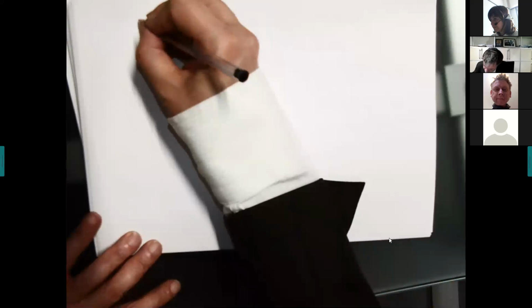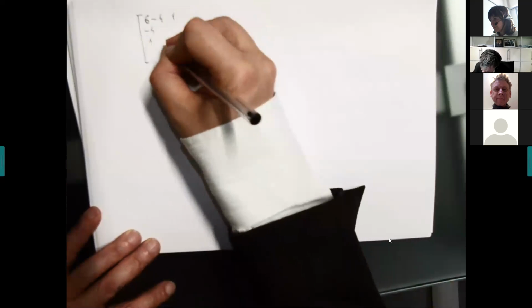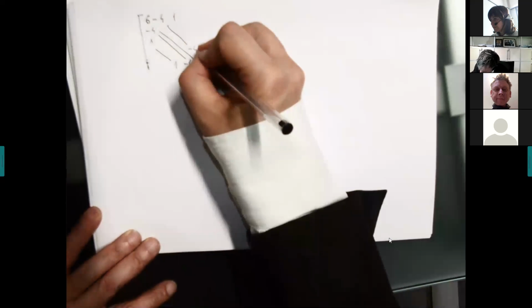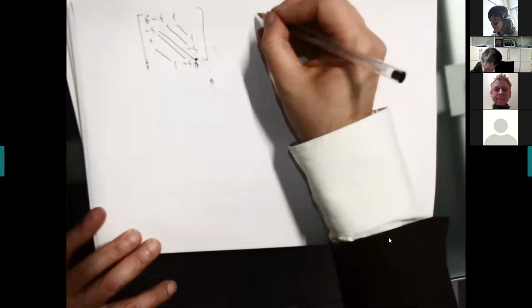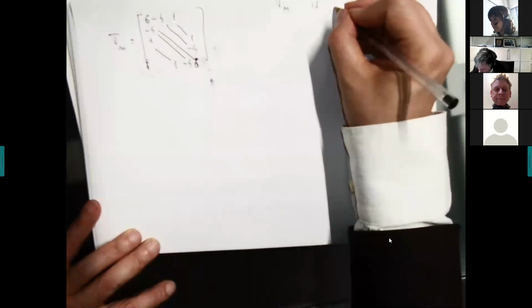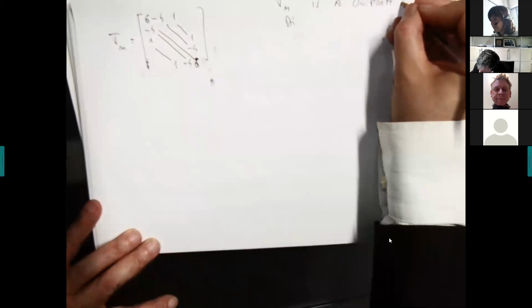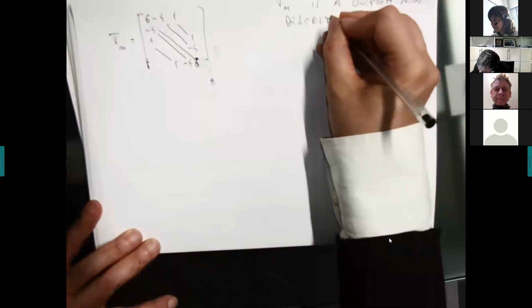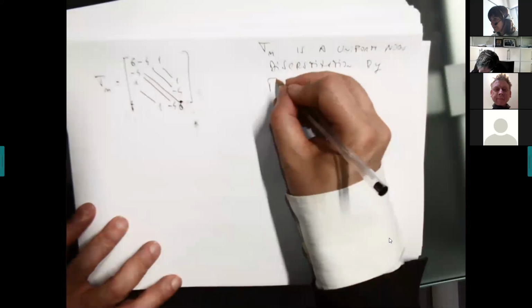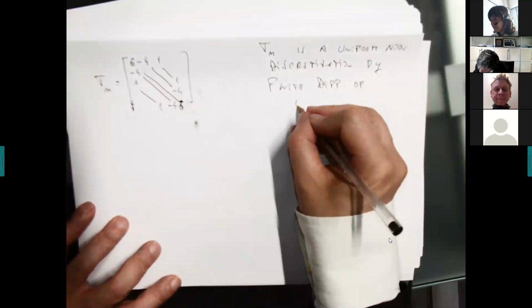So take, for instance, this Tn, which is a uniform node discretization by finite differences of the fourth derivative.